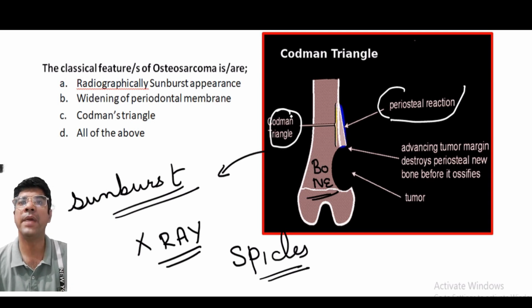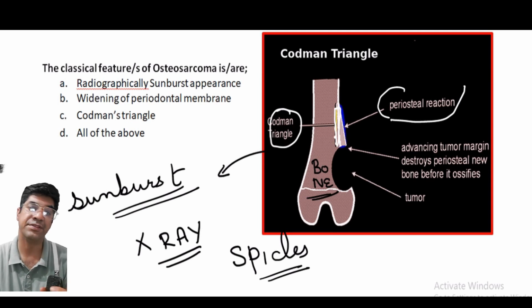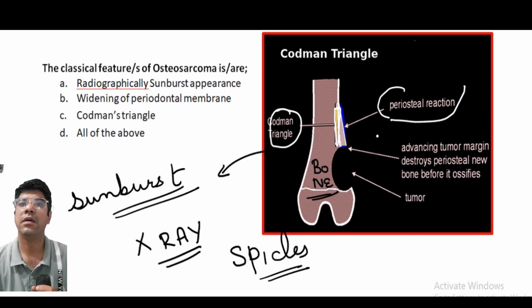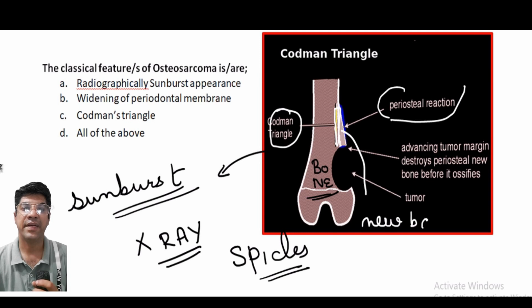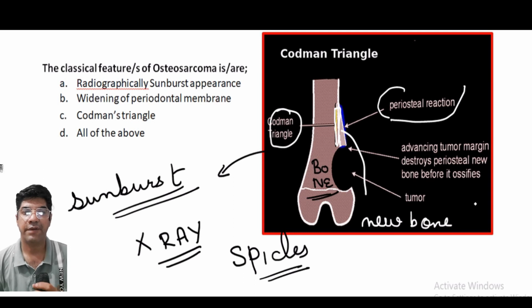Other is the Codman triangle. So what is Codman triangle? It is a classical radiographic feature that is associated with osteosarcoma. You can see a triangular, wedge-shaped area of new bone formation that would be seen on X-rays.